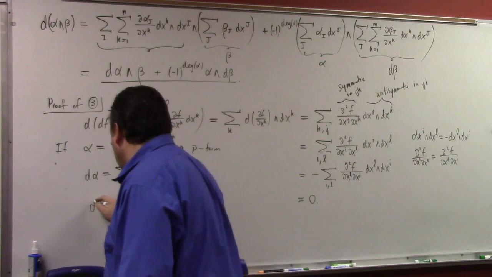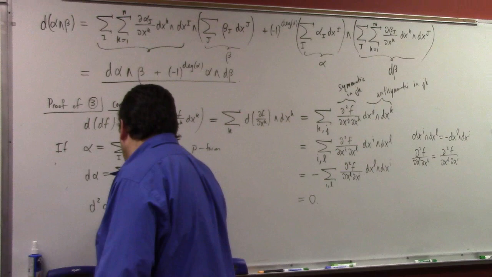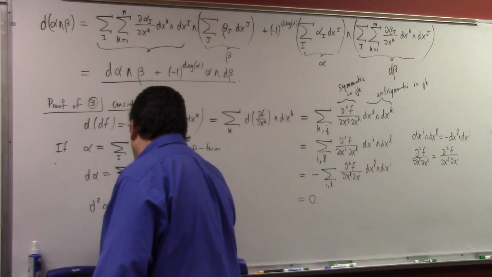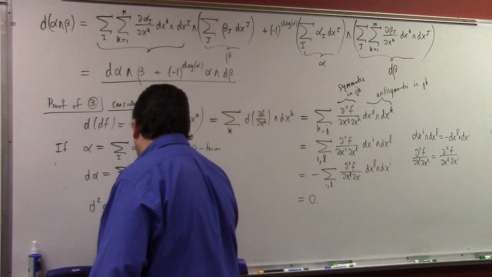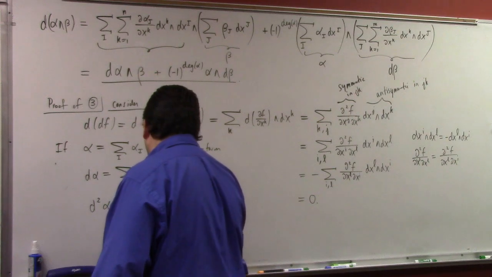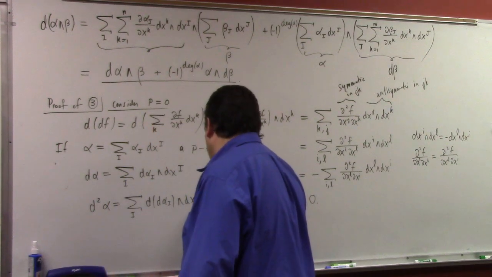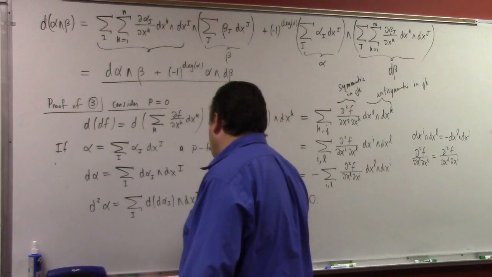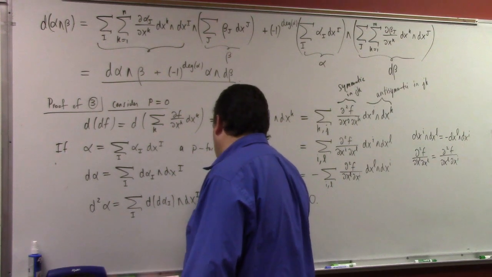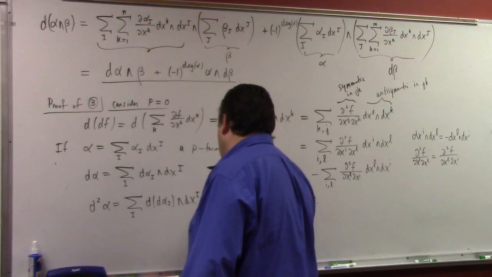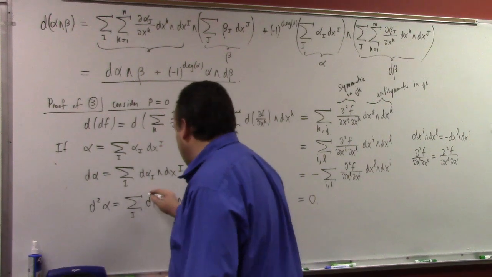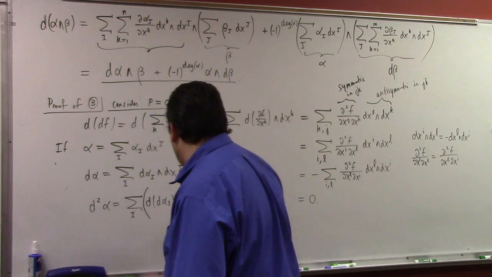So d squared alpha is the sum over I of d alpha I wedge dxi minus, my bad, I should just leave this sum out here like this, okay?